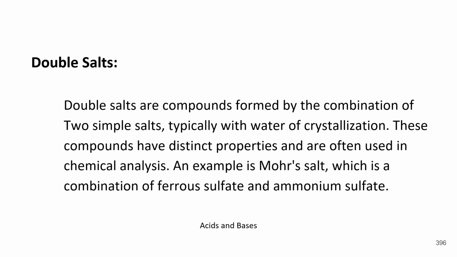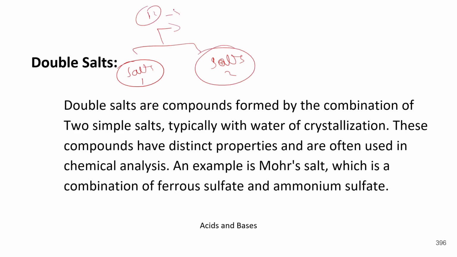Got it? Now, a double salt is a compound formed by a combination of two simple salts, typically with water of crystallization. Whenever there are two salts like salt 1 and salt 2, they both combine together to form salt 1,2.